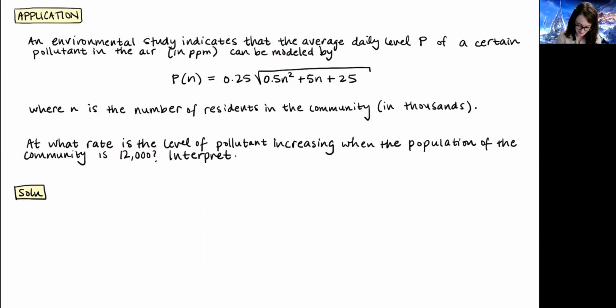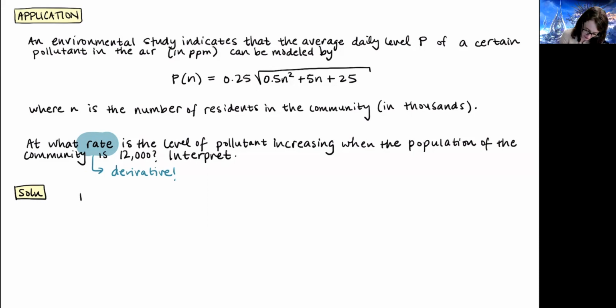So in this example, when we see the words "at what rate," that is again a key giveaway that we're looking for a derivative. It's a huge idea in this class that the derivative of a function means its rate of change, in particular its instantaneous rate of change. So what we're going to need to do is differentiate this function.